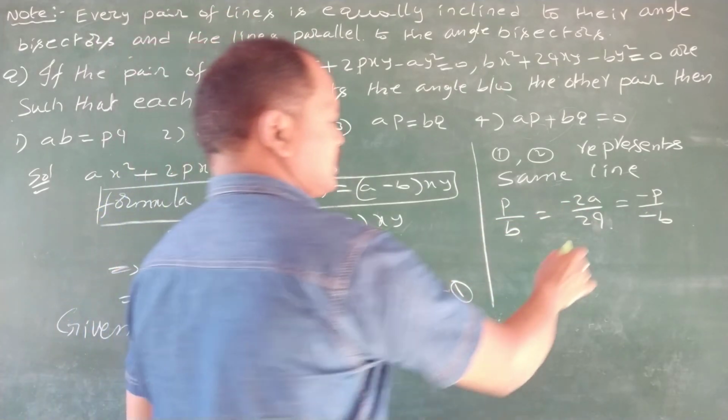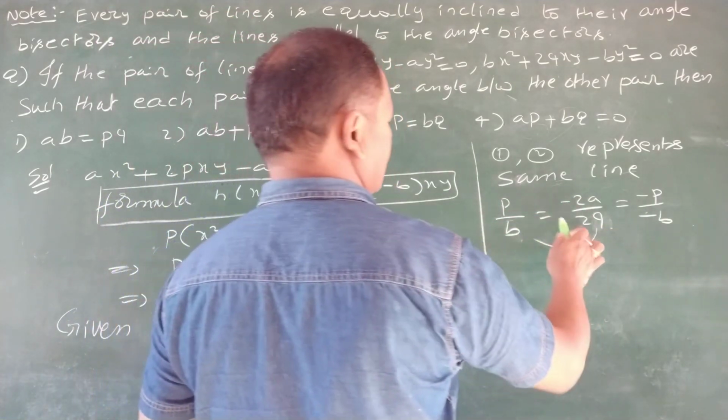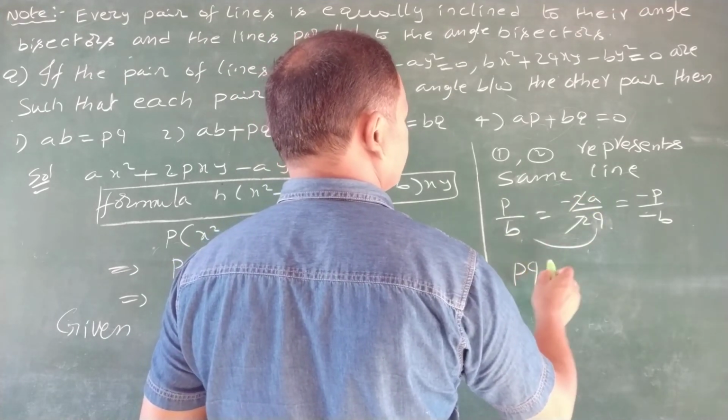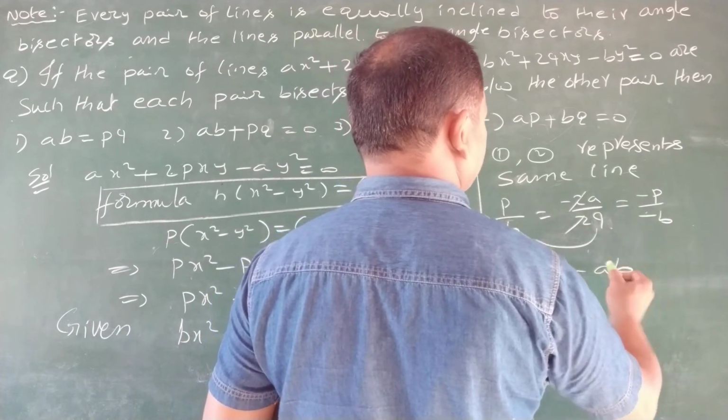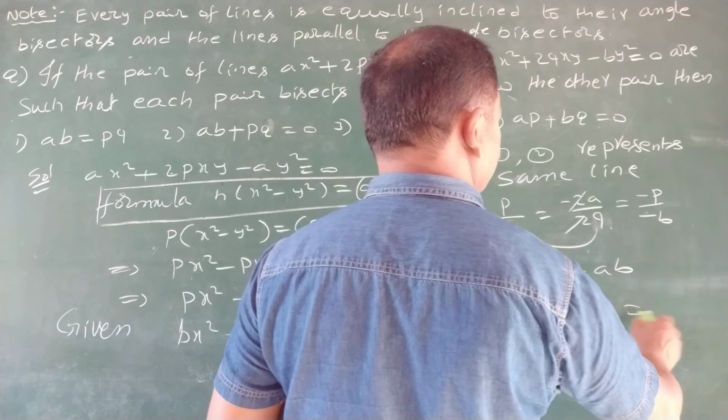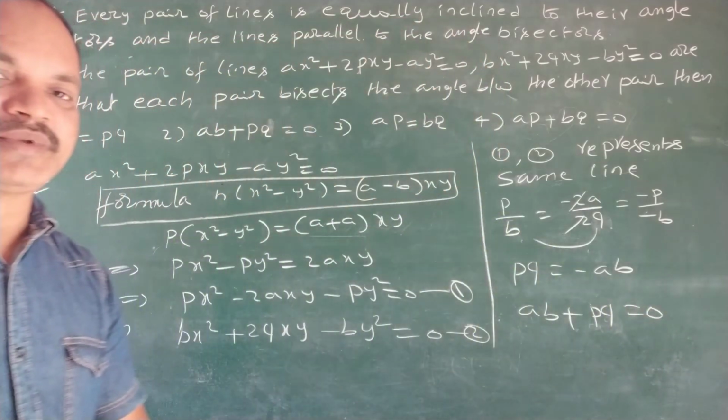Both are equal, so we equate these. Then the 2 gets cancelled. pq is equal to minus ab. From this, ab plus pq is equal to 0.